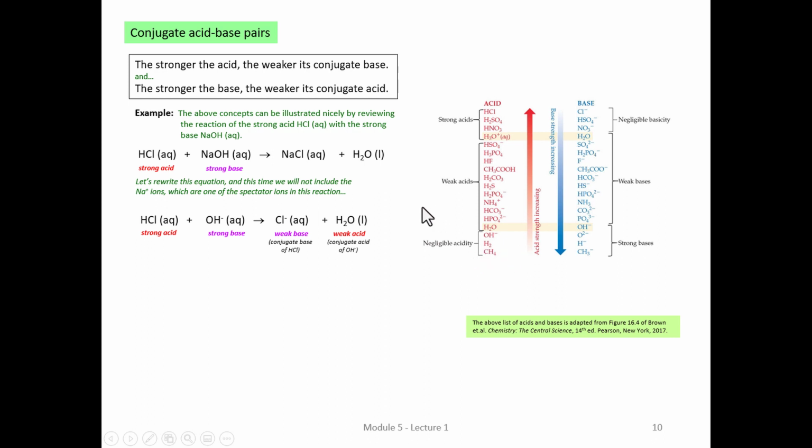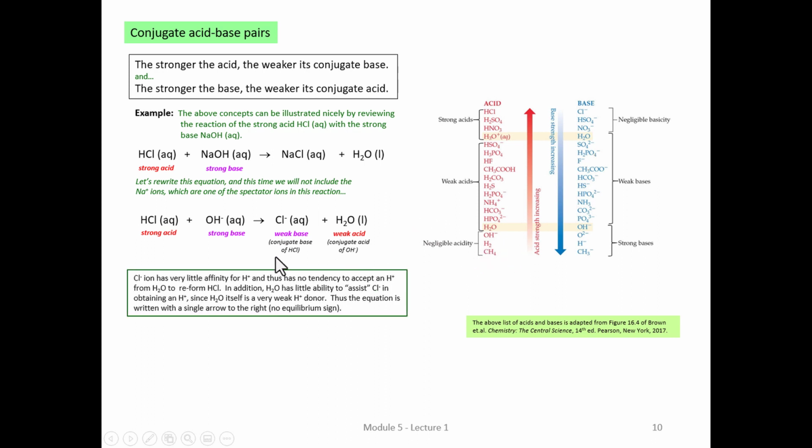Now hang with me here. Let's go back to this reaction where we said the strong acid HCl reacts with the strong base hydroxide to make the weak base chloride and the weak acid H2O. We know what labels to put on these from this list. Notice I said this reaction goes to completion.